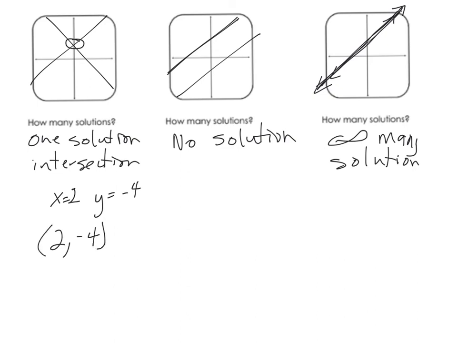When you use combination and you have parallel lines, what you get is something that doesn't make sense. 9 equals 24. That would be an example of no solution. And on the last one, for infinitely many solutions, when you do combination, you get something that totally makes sense. Something like 8 equals 8, or 0 equals 0.